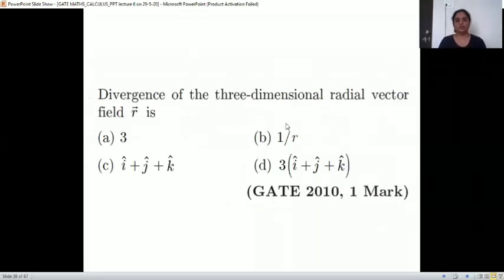Next question. Divergence of the three-dimensional radial vector field R bar is. What is R bar?